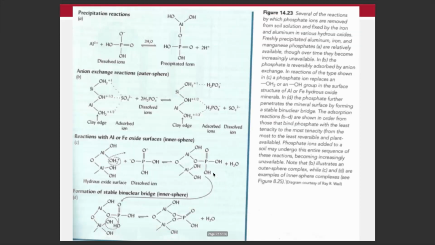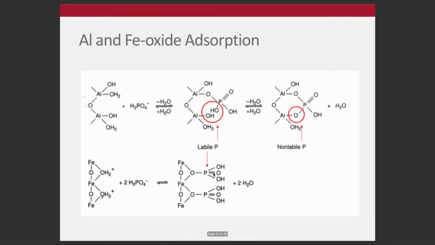Okay, and this is kind of an ugly diagram from the Brady and Weil textbook, and it shows the same thing, but maybe it fleshes this out a little bit more. So if you're interested in looking at that to understand this a little bit better, you can. But for the purposes of this class, it's sufficient to understand this in a very general way.